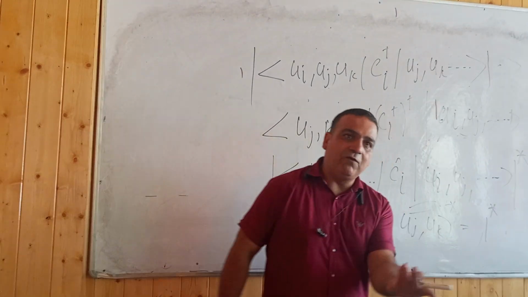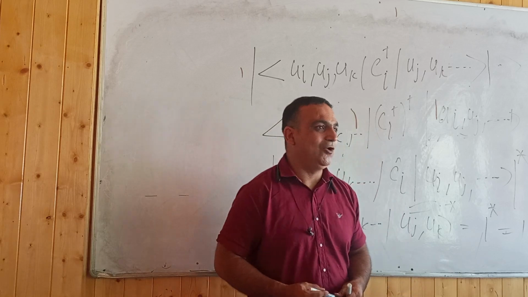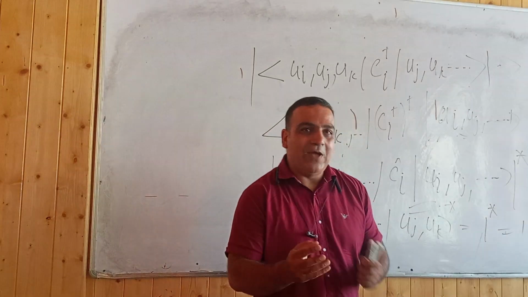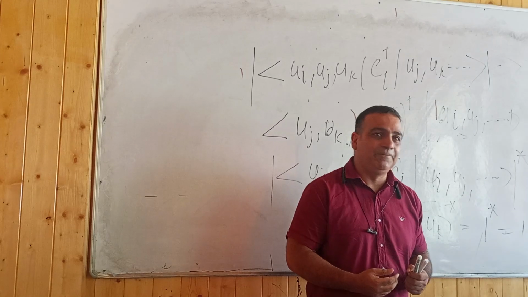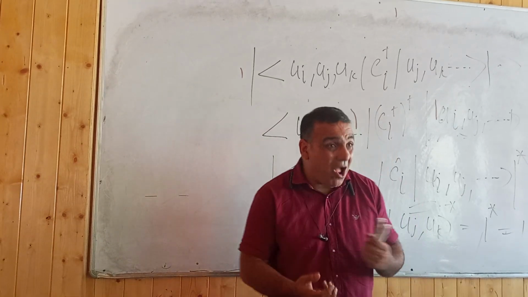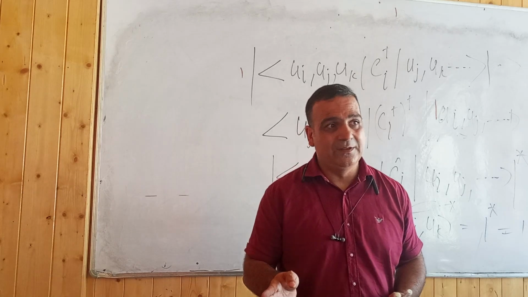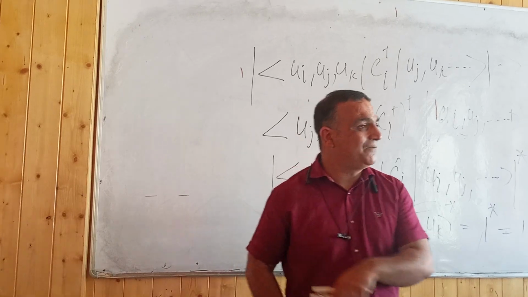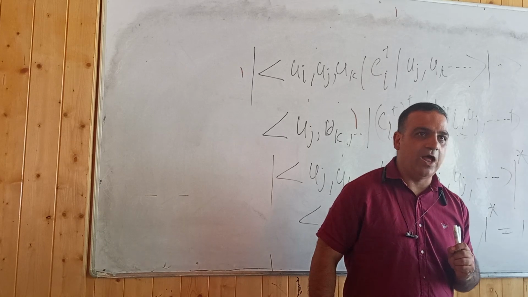But the star of 1 is always 1. So the answer to this problem is equal to 1. Got it? Yes. Got it? You have to practice. You have to work out these things. And you must be strong enough to manipulate the particles in these quantum systems, either in a bosonic system or in the fermionic system. So with this, we would like to stop here. Okay?